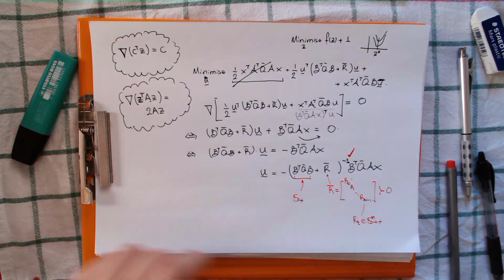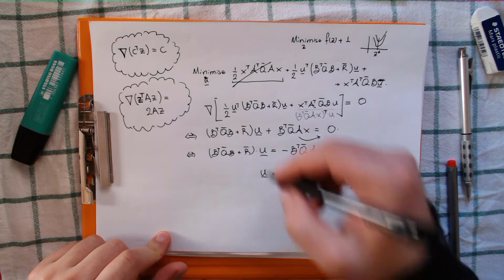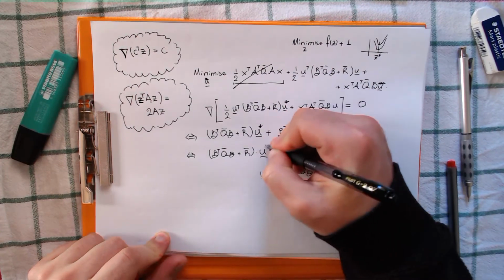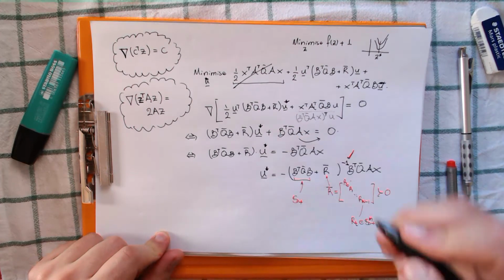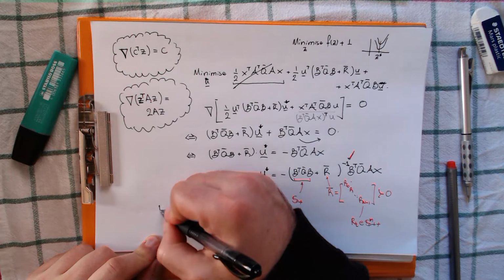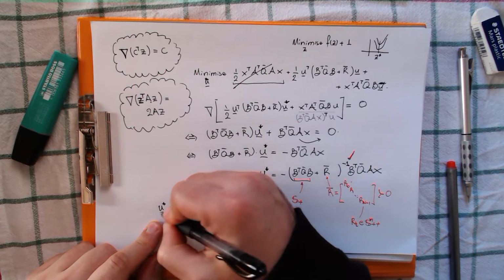What have we achieved here? We have solved for u star, that's the best u, and we have determined the best sequence of control actions.